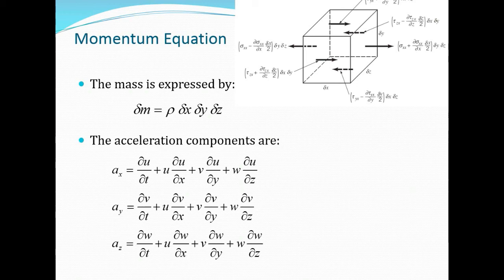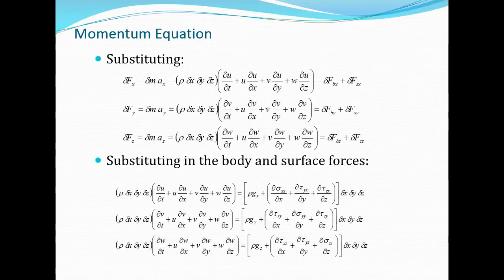The mass is expressed here by rho times the differential volume size, dx, dy, dz. That's the volume times rho, which gives you the differential mass. The acceleration is just as it was before, this term that has the local acceleration and the convective acceleration in it, shown here for all three components.